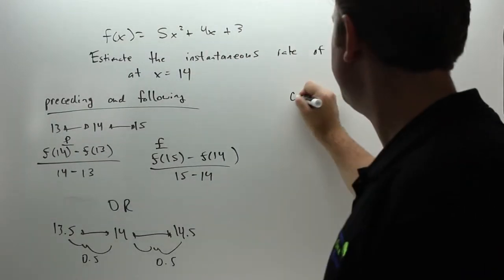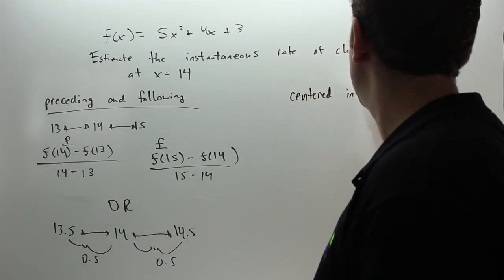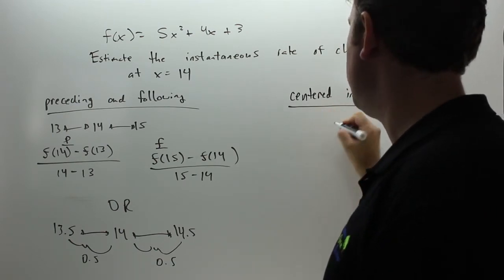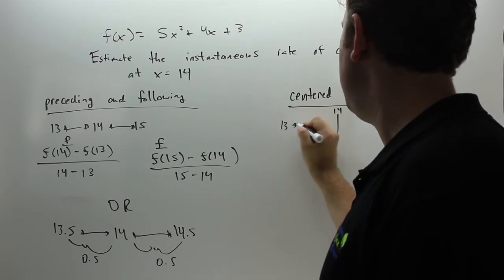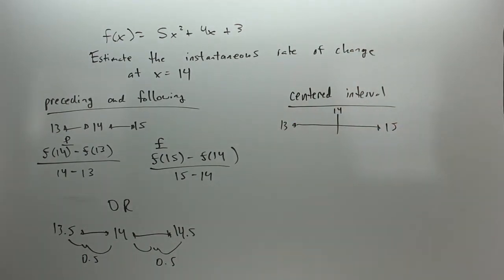For centered interval, you've just got to be centered around that point. So we're talking about 14, right? So we could go all the way from 13 to 15. Centered interval is always the easiest one to choose because basically all you're doing is taking the slope around a point that's centered around it.